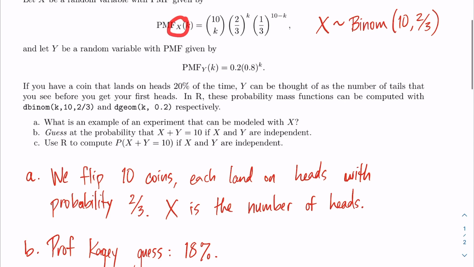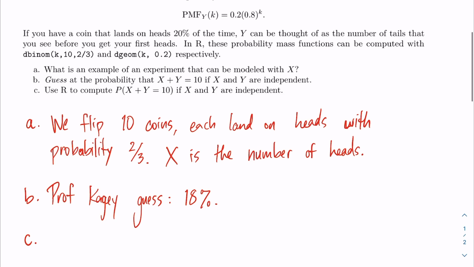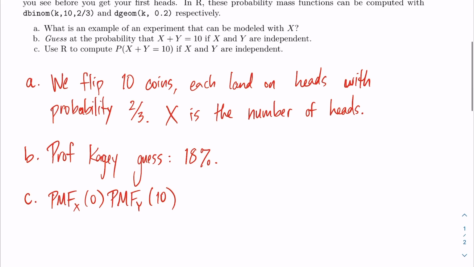Or we could get 1 head over here and 9 tails in a row, or 6 tens over here and 4 tails in a row, or so on. But the idea is that it's going to be equal to the PMF of x being equal to 0 times, since this is independent, the PMF of y being equal to 10. Super unlikely situation.